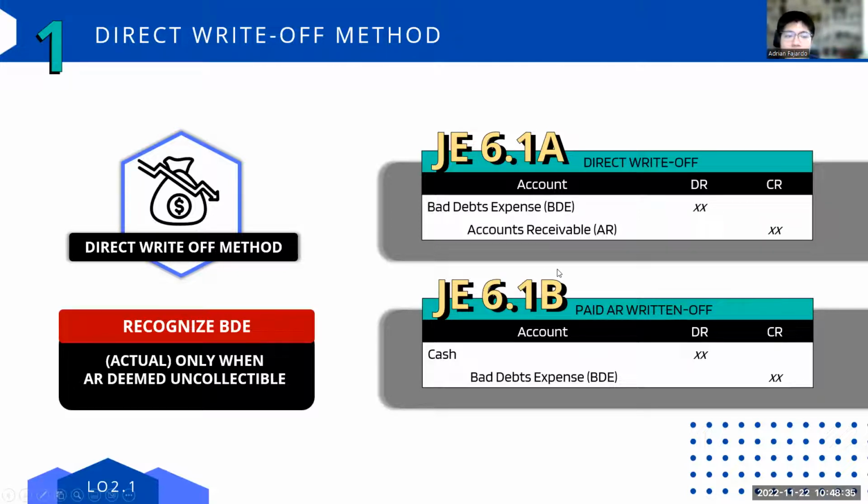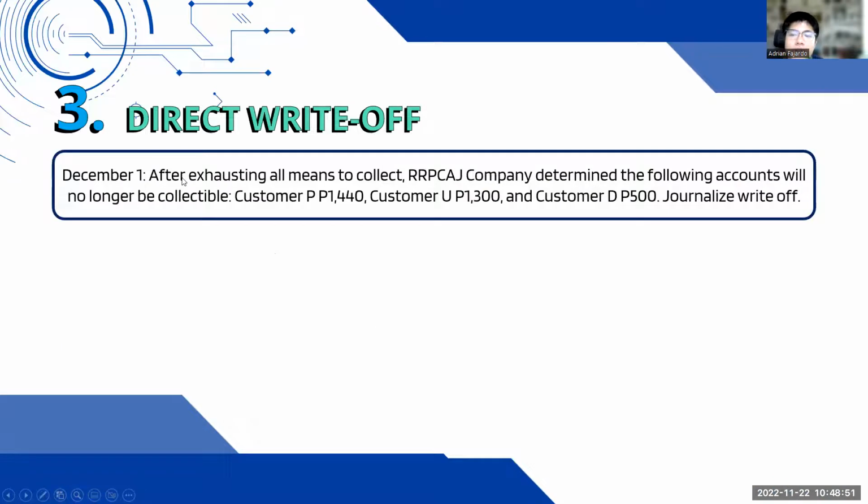So, to establish this, kindly take note that the bad debt is deducted straight from AR. So, it lowers AR definitely, right? And in the direct write-off method, it deducts straight from accounts receivable. So, let's look at this example. Pajco collected from customers P, U, and C 1,440, 1,3, and 500.